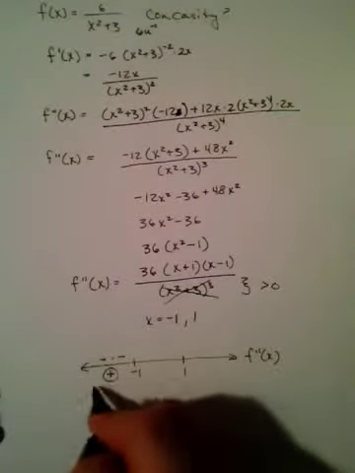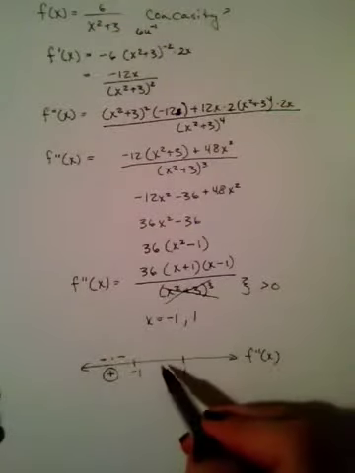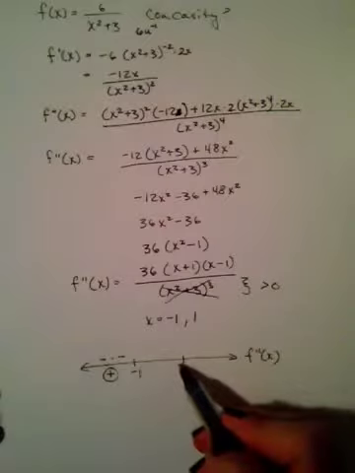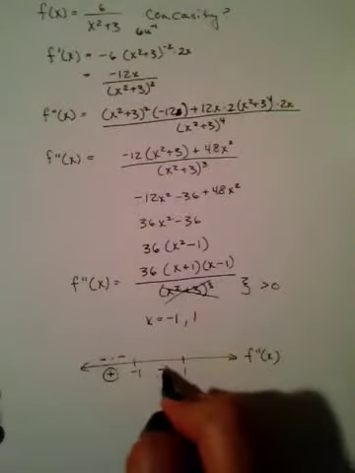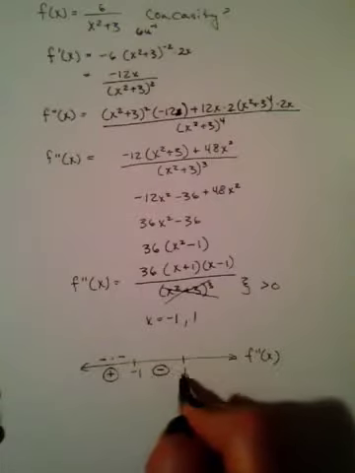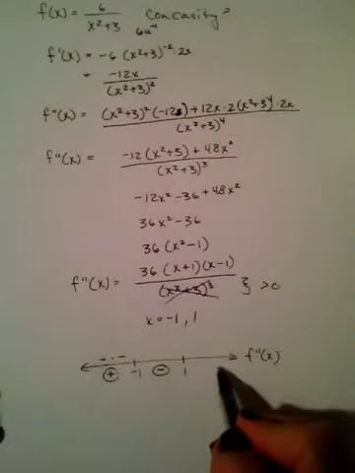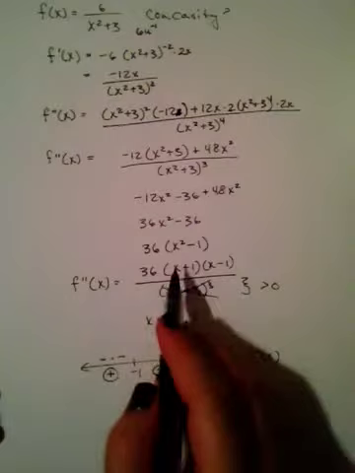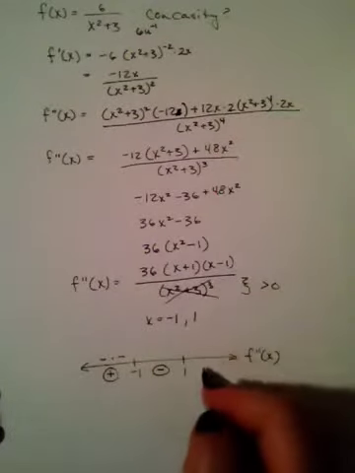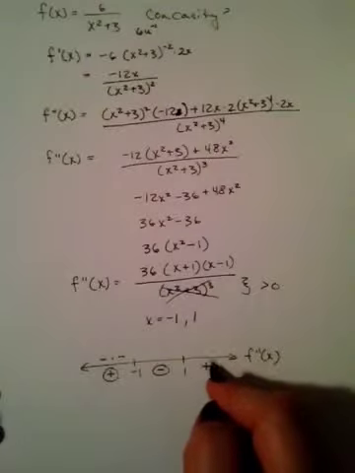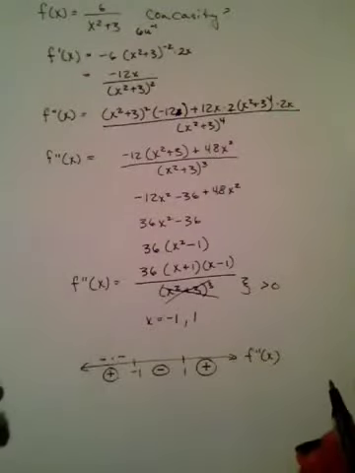And my function is concave up on this interval. If I pick a number between negative 1 and 1 like 0, I have a positive times a negative is negative, concave down on that interval. Number to the right of 1 like 10, 10 plus 1 is positive, 10 minus 1 is still positive, positive times a positive is positive, concave up on that interval.